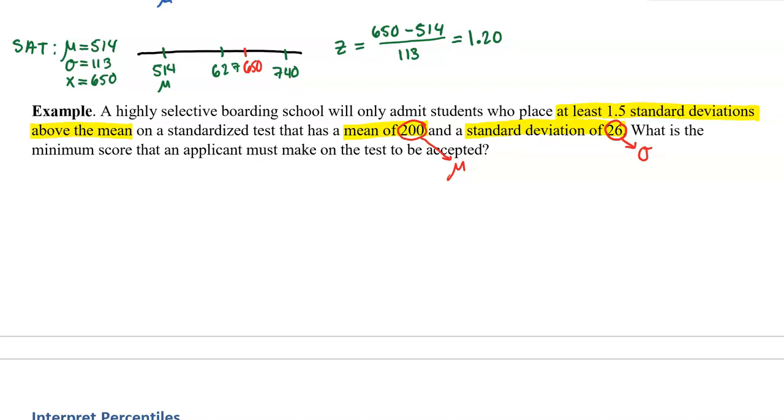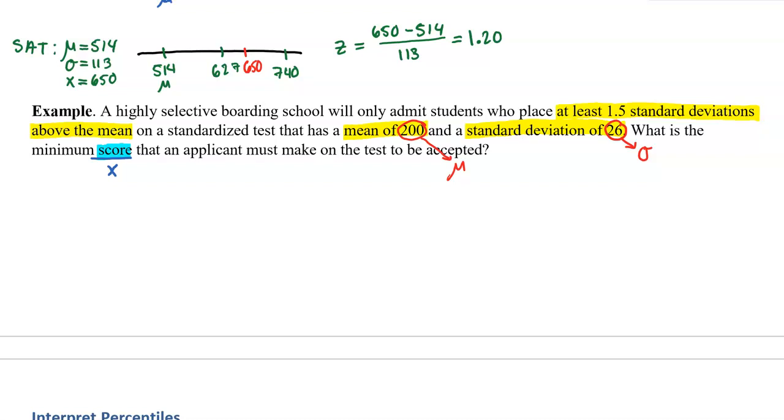Now the question asks what is the minimum score that an applicant must make on the test in order to be accepted. So it's asking for the score, which is the variable of interest. So it's asking us to find the x value when they give us a mean and a standard deviation, and they give us another piece of information which says that whatever score we find has to be at least 1.5 standard deviations above the mean.